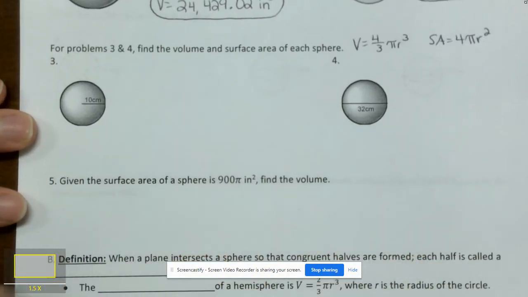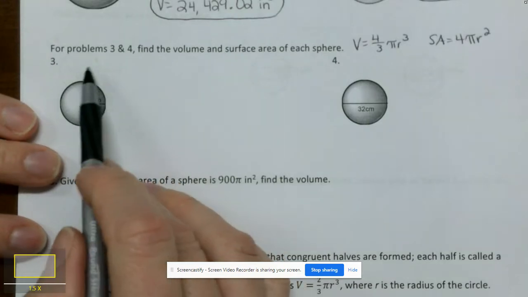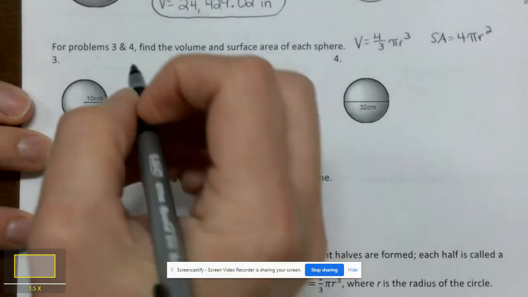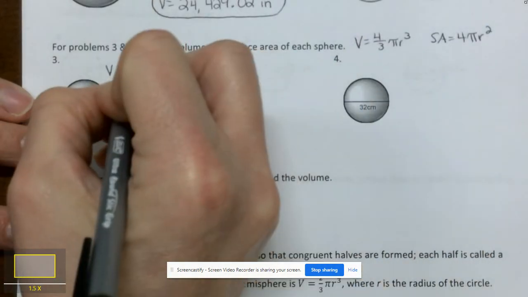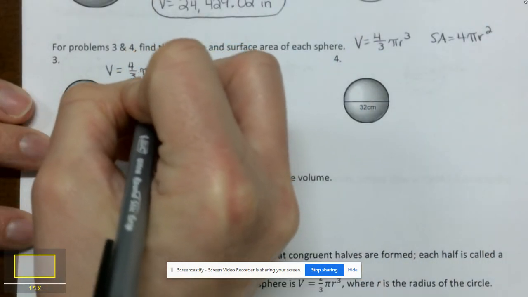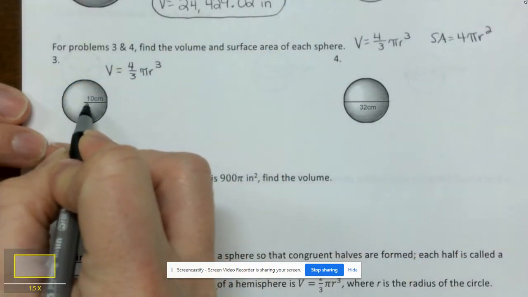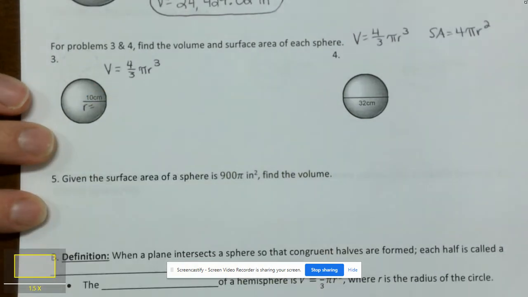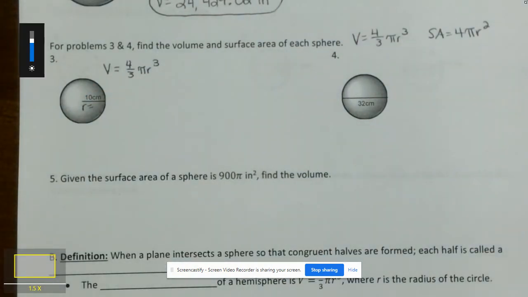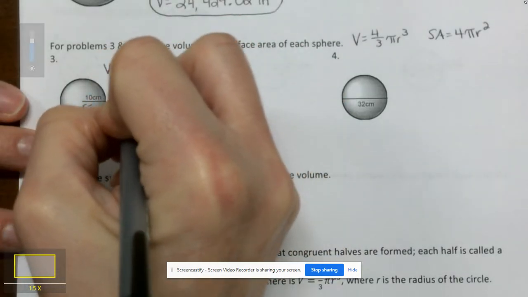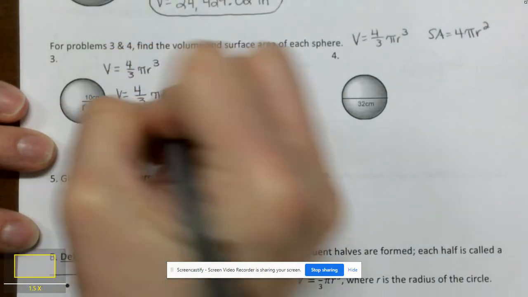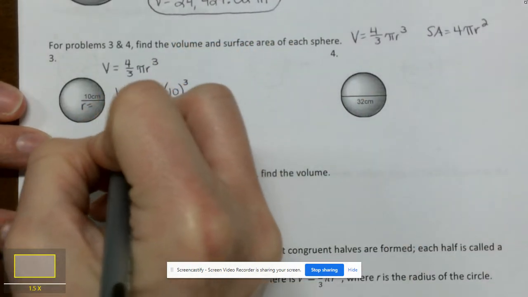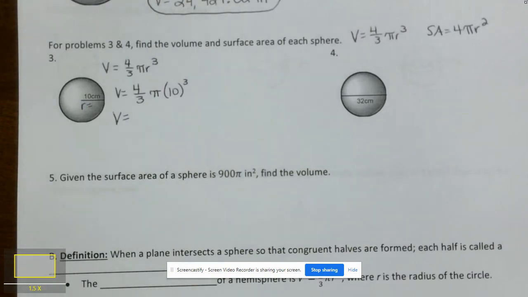If we're looking at number 3, it says find the volume and surface area of each sphere. Let's start with the volume of this one. We know that volume is 4/3 pi r cubed. I'm given 10 centimeters, so my r is 10 centimeters here. When we fill our radius in, this is going to be 4/3 pi and then a 10 for the radius, and then it becomes a calculator problem.